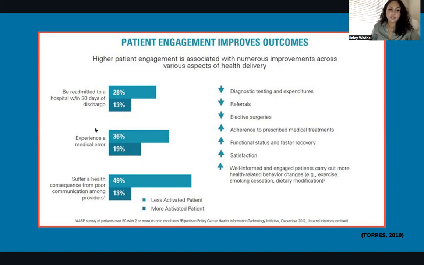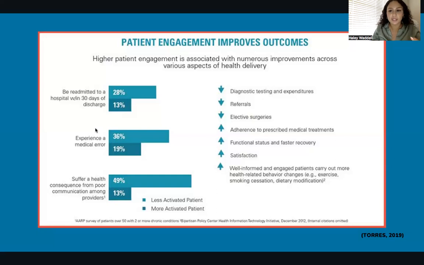And then suffering a health consequence from poor communication among providers. So 49% of less activated, less engaged, or less involved patients are likely to suffer a health consequence from that poor communication because they weren't involved in their care. I mean, 49% is big.